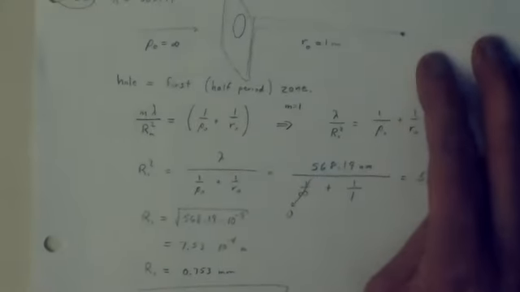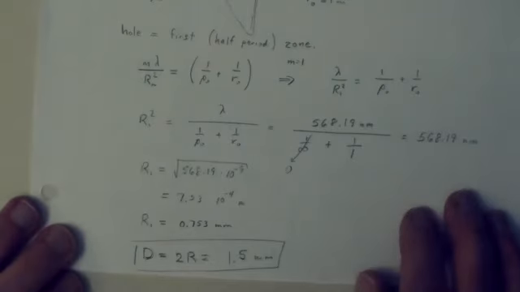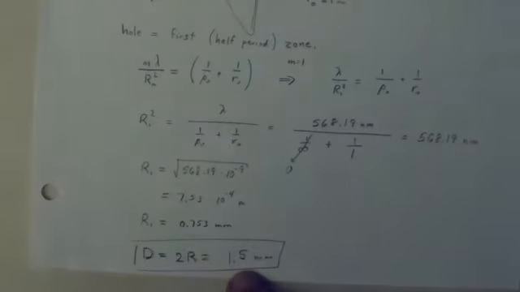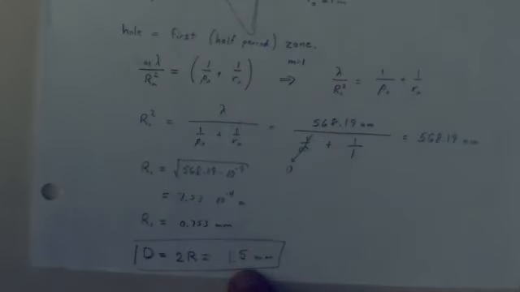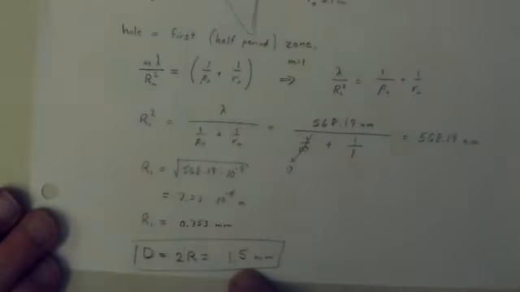Here's what I got. 1.5 millimeters. Do you agree with that? Yeah, great. Okay. We got 1.53 millimeters. Oh my. Keeping our significant digits, I guess so.